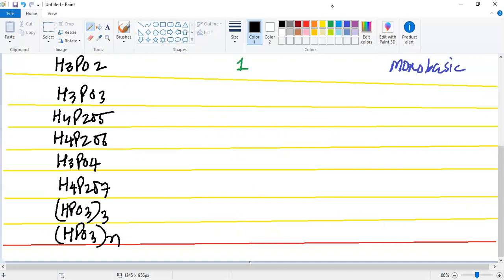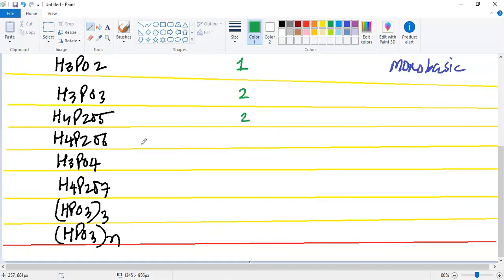So now, if we write the number of P-OH bonds present, here it will be 2. H4P2O5: here again, 2 P-OH bonds are present.